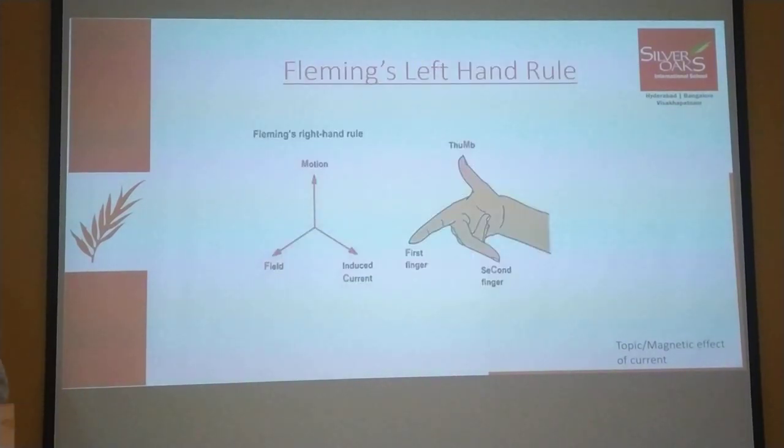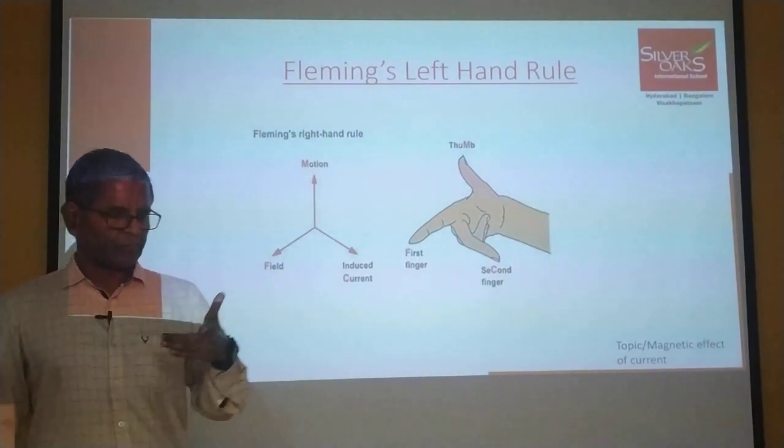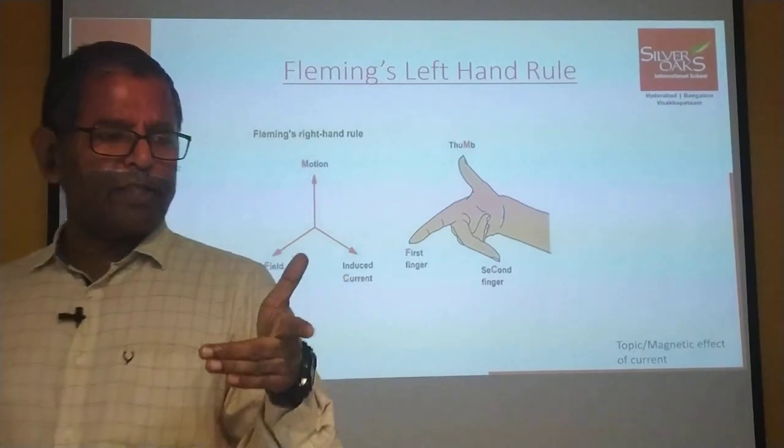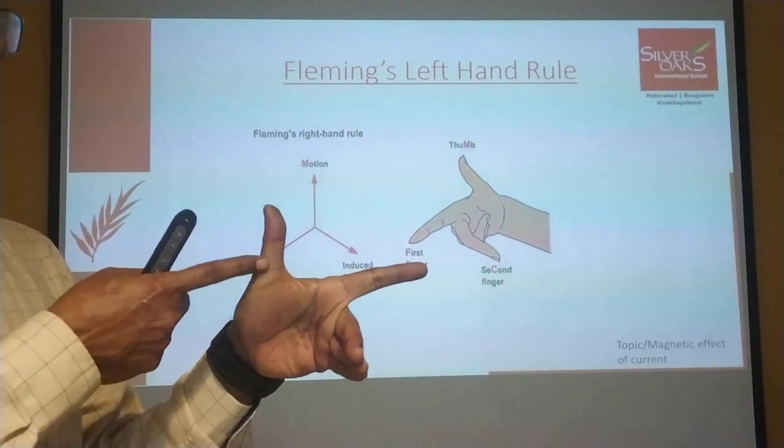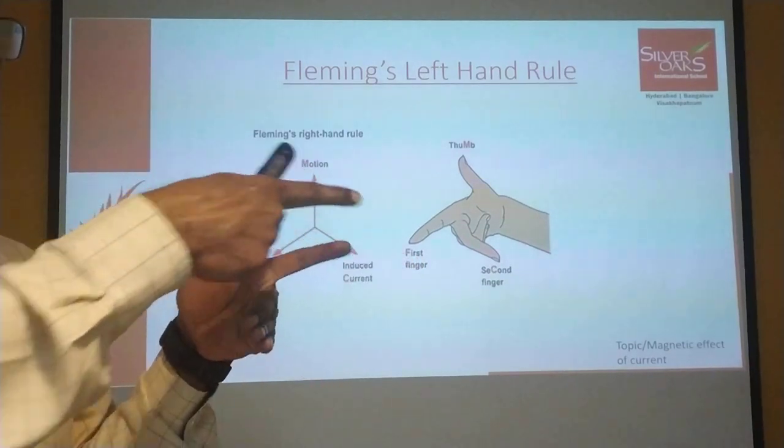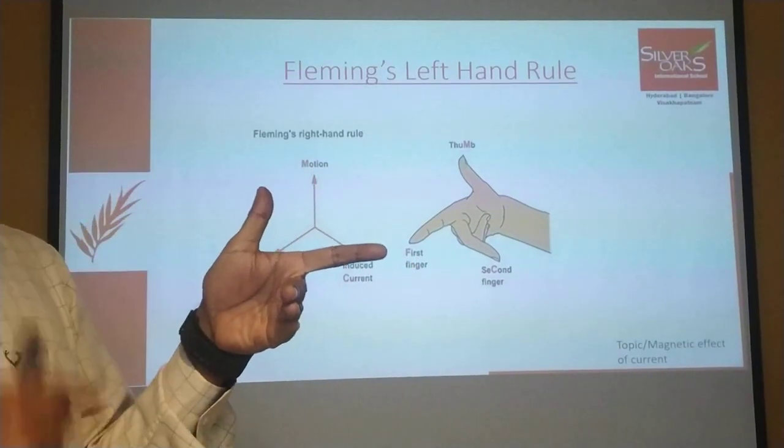This whole thing can be summarized by what we call Fleming's left hand rule. You take your left hand, and you have the thumb, the first finger and the second finger.